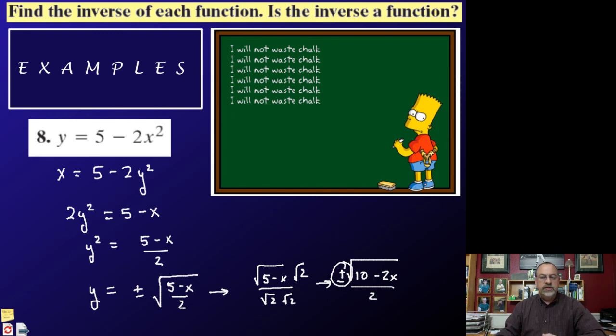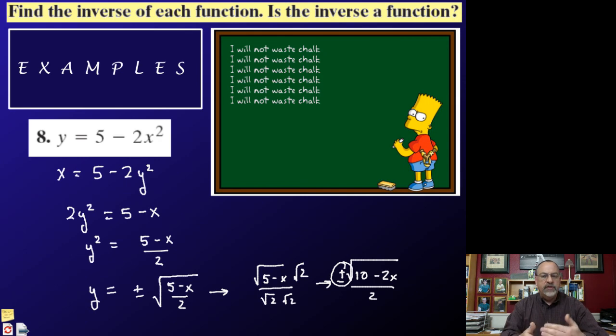Okay, so to sum up very quickly, the entire lesson is built upon one principle: in an inverse, the x values become the y values and the y values become the x values. Everything that we do then is simply an application of that, whether it be in a table, where we just switch the x's and the y's, or whether it be in an algebraic expression, where we switch the x's and the y's and then solve for y.